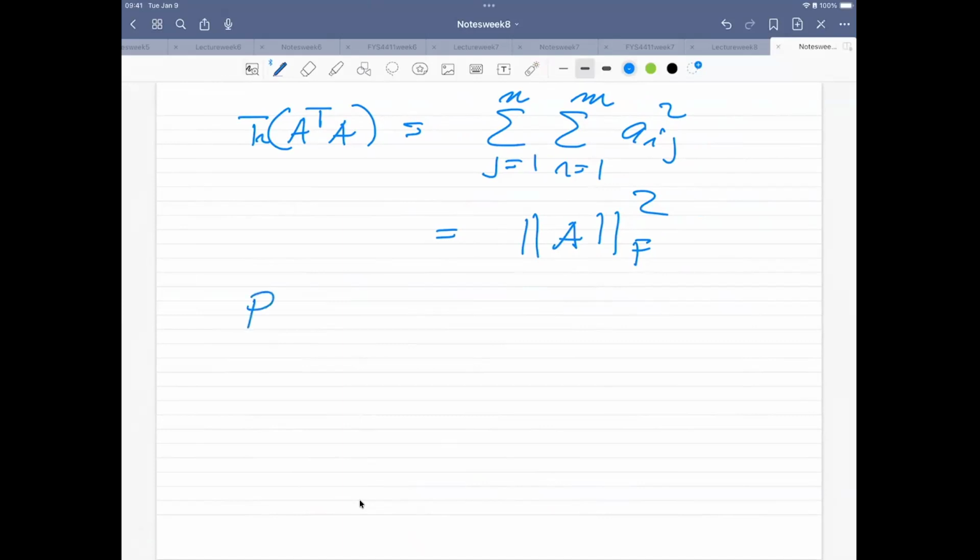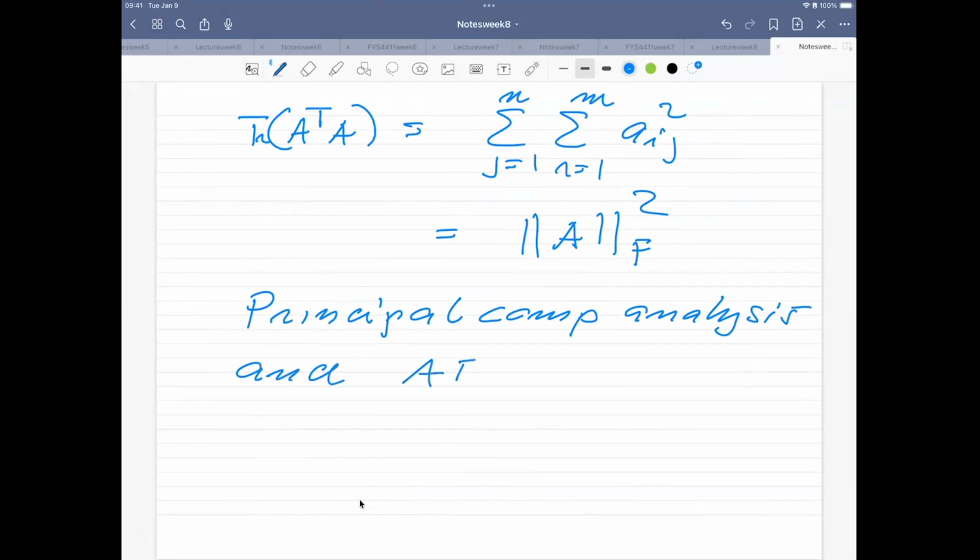So the connection between principal component analysis and autoencoders. What is the connection here?